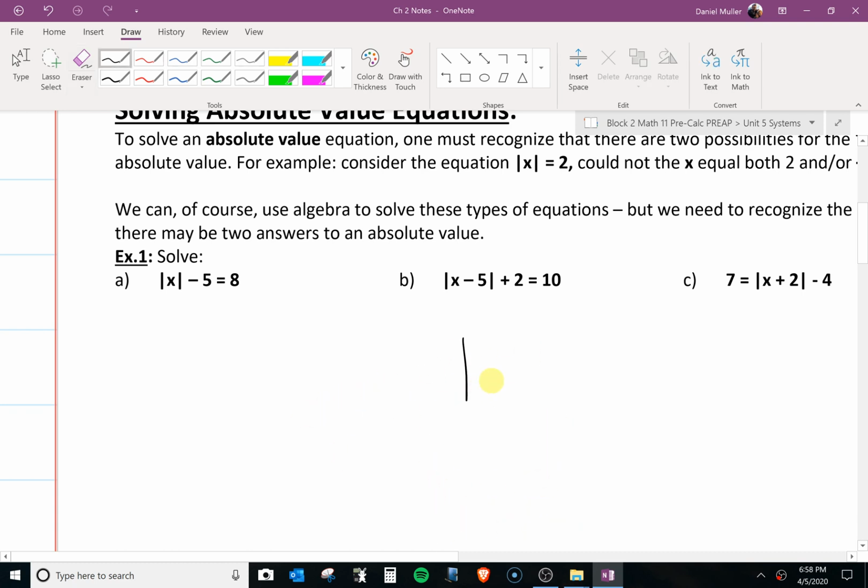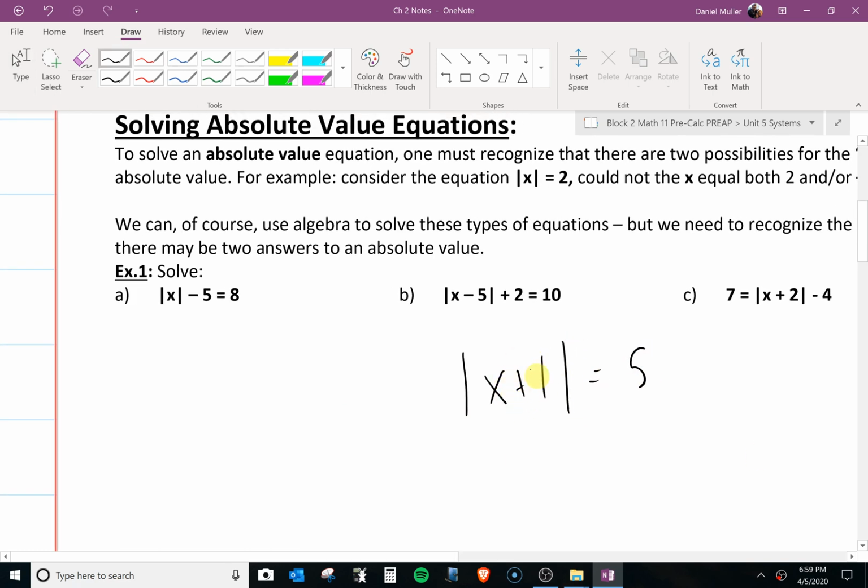In the same way, the absolute value of x plus 1 is equal to 5. Okay, well, this inside could be 5 and it could be -5. So say I made x to be 4. 4 plus 1 is going to be 5, so that could work. But I could also have x equals -6.